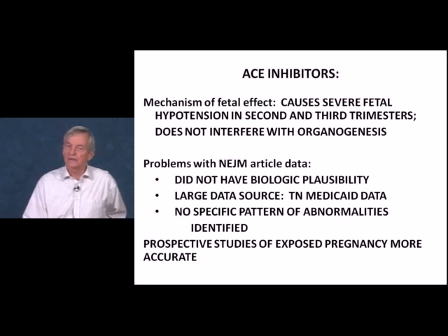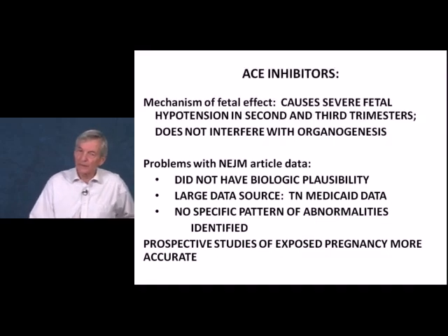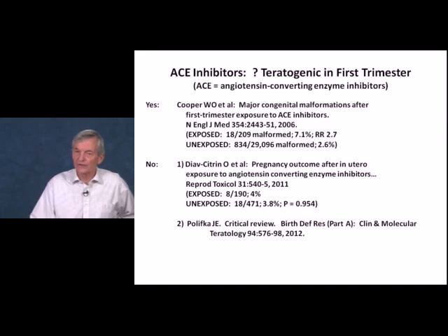Well, it didn't make sense biologically. And when you looked at the Tennessee Medicaid data that was being analyzed and published, there was no specific pattern of abnormalities that you could hang your hat on. So everyone in the teratology world was suspicious that this was a study design problem. It wasn't the drug.